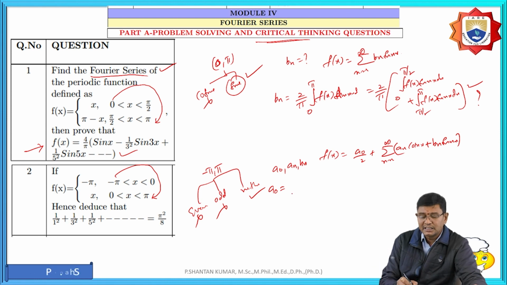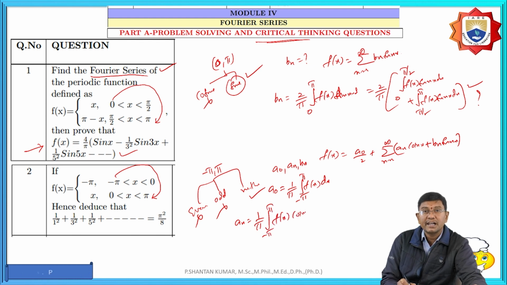Here a neither function means we should not change the limits, that is minus pi to pi, 1 by pi integration f of x dx, and a n is nothing but 1 by pi integration minus pi to pi f of x into cos nx dx, and similarly bn is nothing but 1 by pi integration minus pi to pi f of x into sin nx dx.